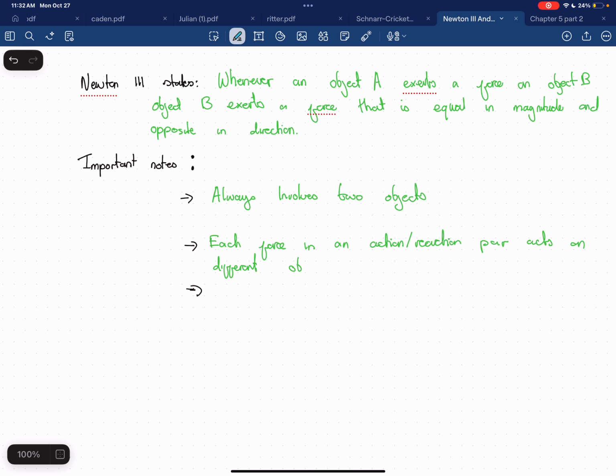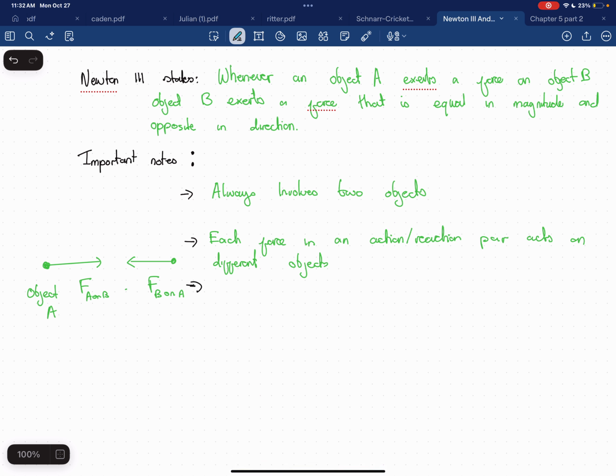If I have my object A right here, it exerts a force on object B, then object B exerts a force on object A. You see, object A is acting on object B, and object B is acting on object A. So that's what this note is trying to explain.